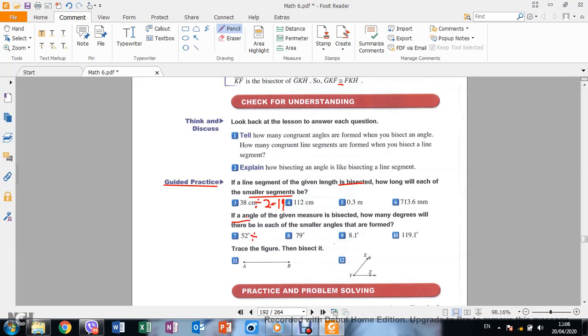Divide by 2: 52 divided by 2 equals 26 degrees. So each smaller angle that is formed is 26 degrees.